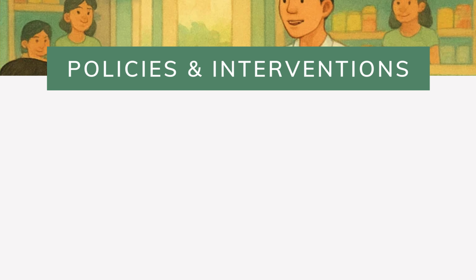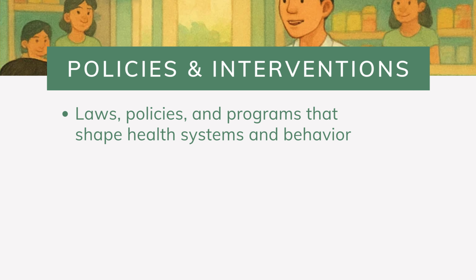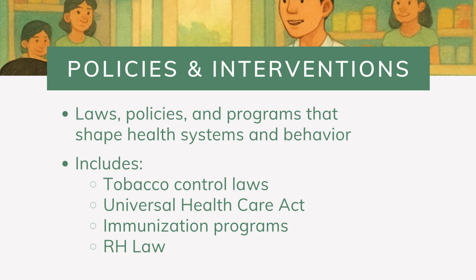Policies and interventions are also determinants of health. These are the laws, rules, and health programs implemented by the government or institutions to improve health outcomes. We have many health policies and interventions.